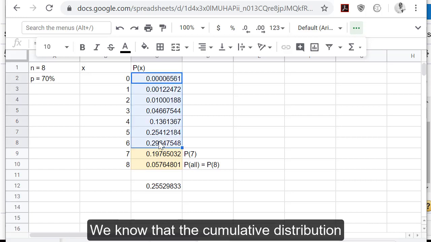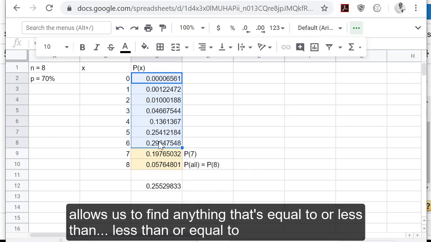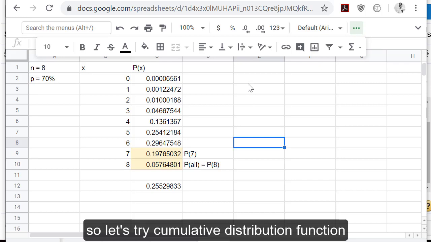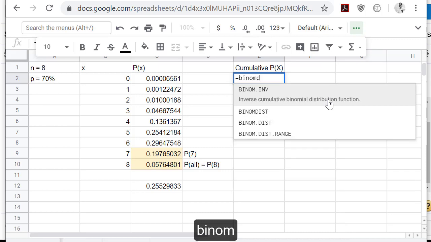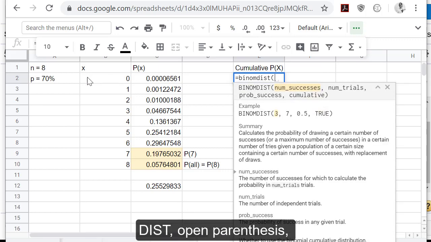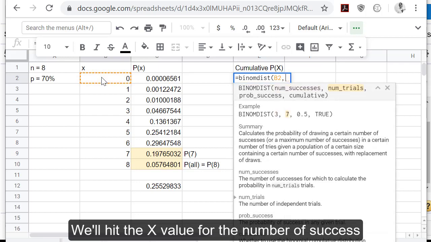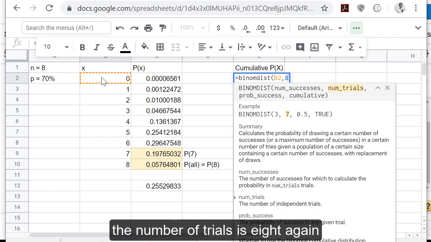We know that the cumulative distribution allows us to find anything that's less than or equal to. So let's try a cumulative distribution function, and I'll call it cumulative P of x. Let us do the same function here. BINOM.DIST, open parentheses. We'll hit the x value for the number of successes. The number of trials is 8 again.